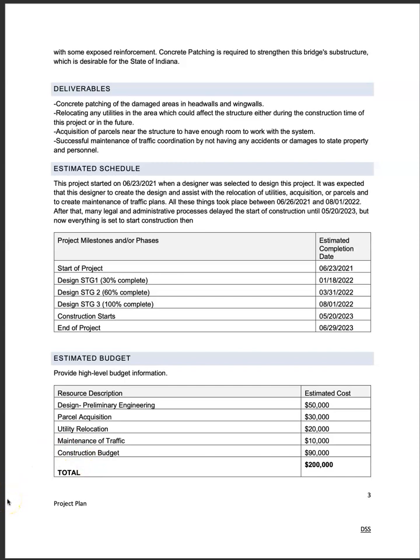INDOT utilizes this very specific way to measure progress based on different studies that have determined this as the best way to proceed with this type of construction projects. And I've also included some of the estimated budget, which will be broken down later on in this presentation.